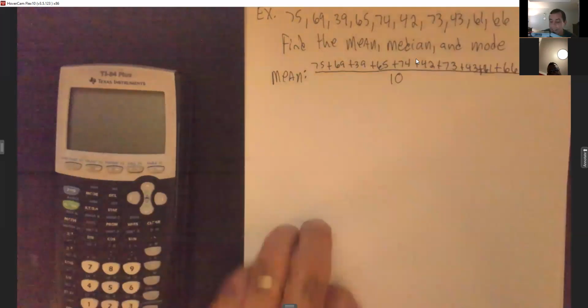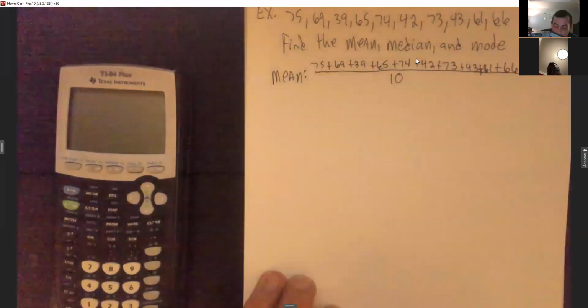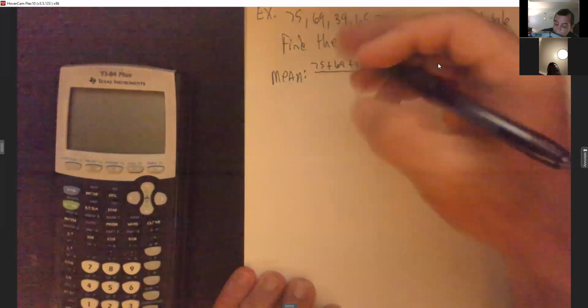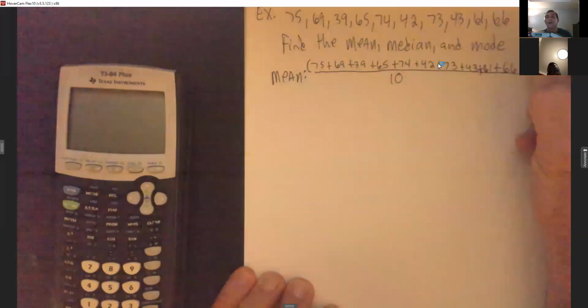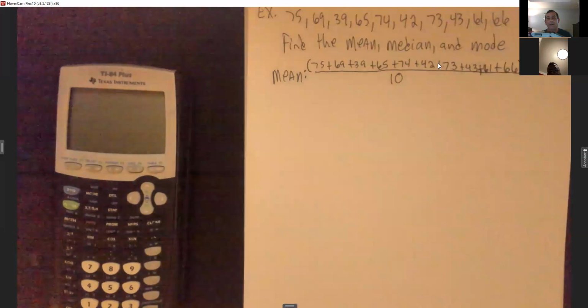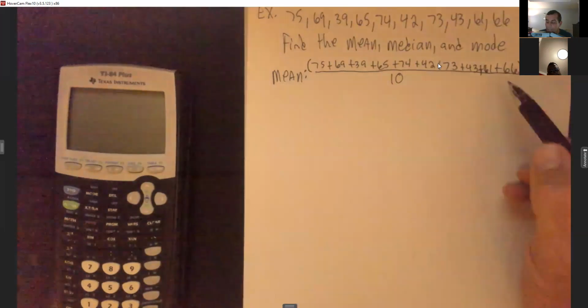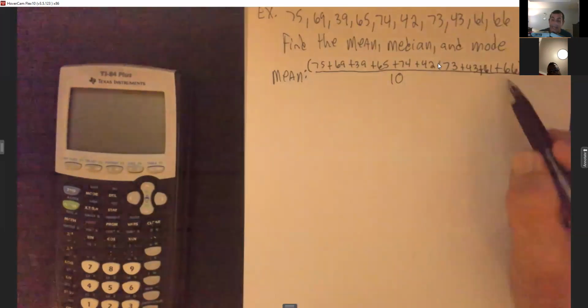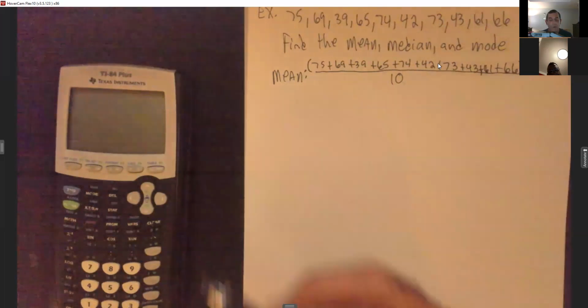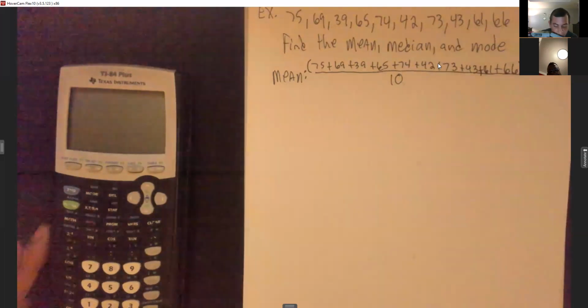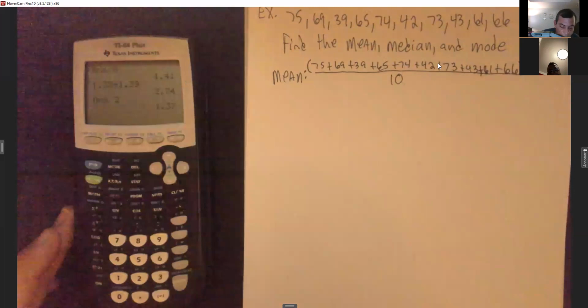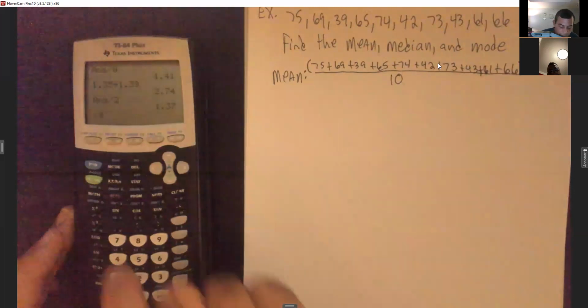Now let me tell you, if you do this all in one step on the calculator, you have to put parentheses around the top, okay? If not, the calculator is only going to divide 66 by 10 and then add that to everything. So on the calculator, if you do that in one step like I'm about to do, put the top in parentheses.